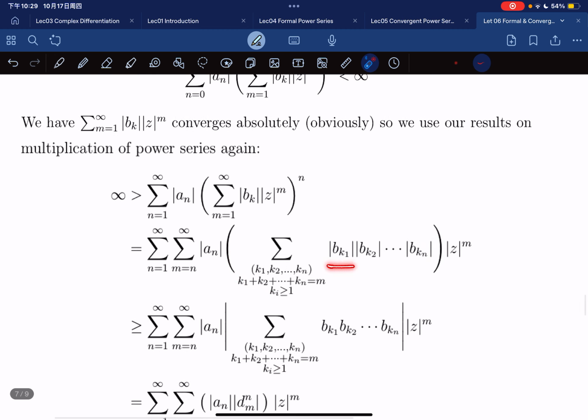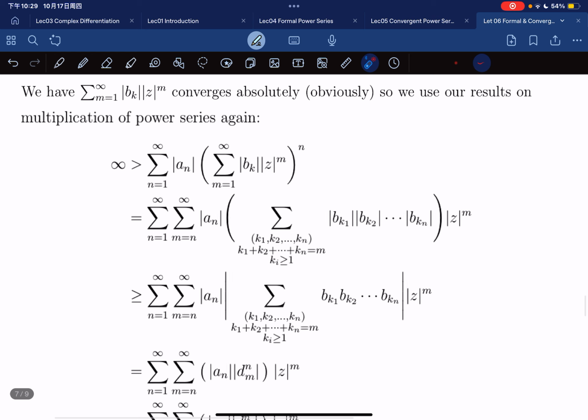And each of them is greater than or equal to this, right? So here to here is just by the triangle inequality and some argument about the limit and the bounding of partial sums, and we can take the limit and still bound it, something like that, right? So you will fill in the details.